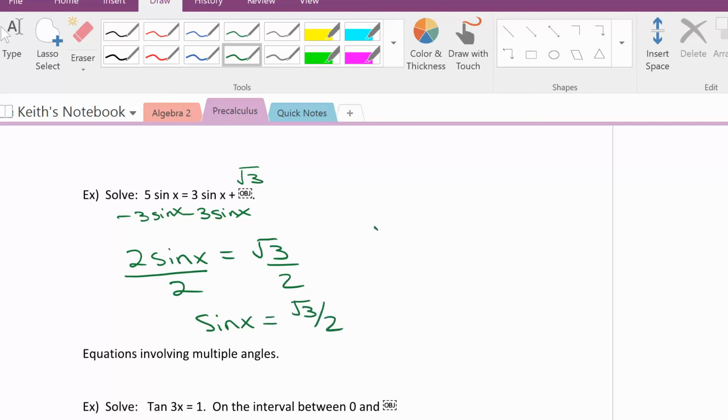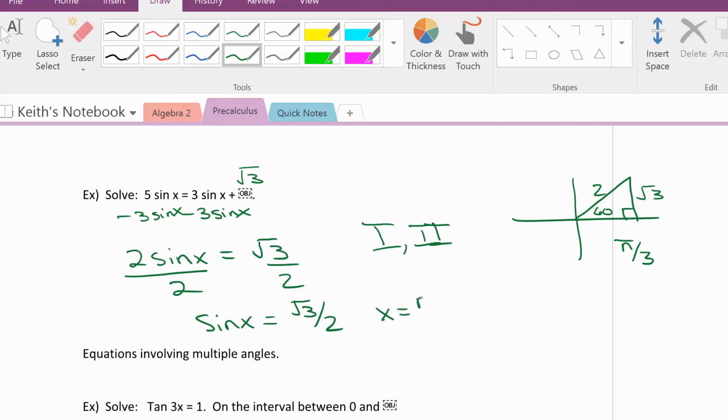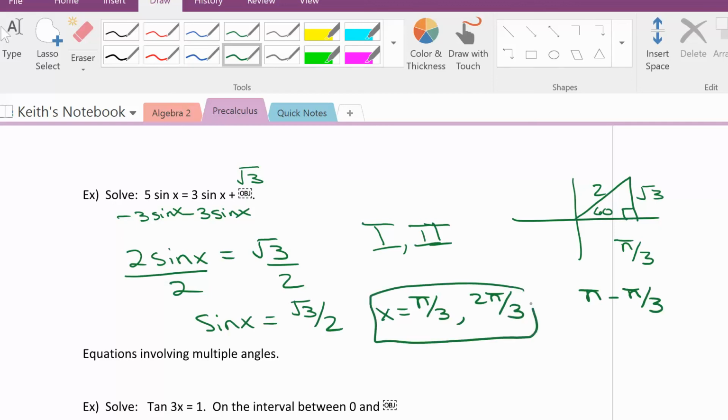So remember, this is going to be in quadrant 1 or 2 because the sine is positive in 1 or 2. So if you notice, root 3 is the opposite, so this has to be 60 degrees, which is pi over 3. So in the first quadrant, the angle is just the reference angle, so it's pi over 3. In the second quadrant, it is pi minus pi over 3, which would be 2 pi over 3. So those are your two angles.